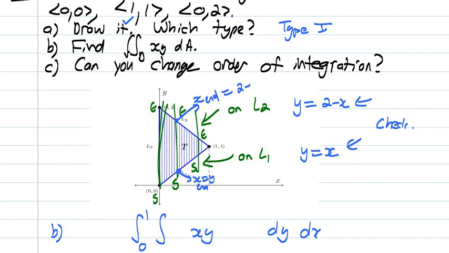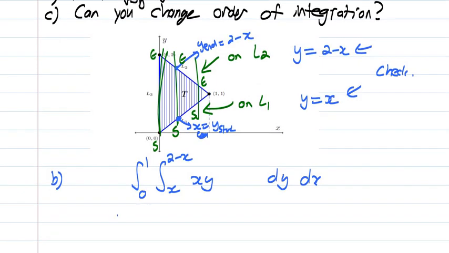So this is 2 minus x. Because the outer differential is dx, the bounds for y must be in terms of x. So don't get lost in the notation. This is how you convert this into an iterated integral if it's of type 1.